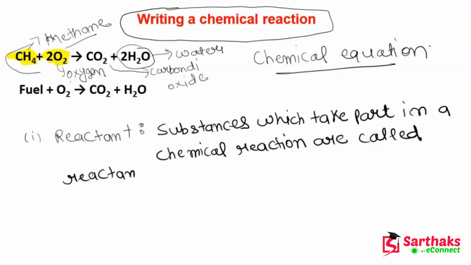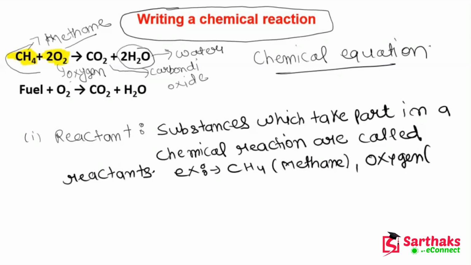As an example, you can write CH4, which is methane, and you can also write oxygen, O2, which is a gas. Okay guys, I hope it is clear what a reactant is.